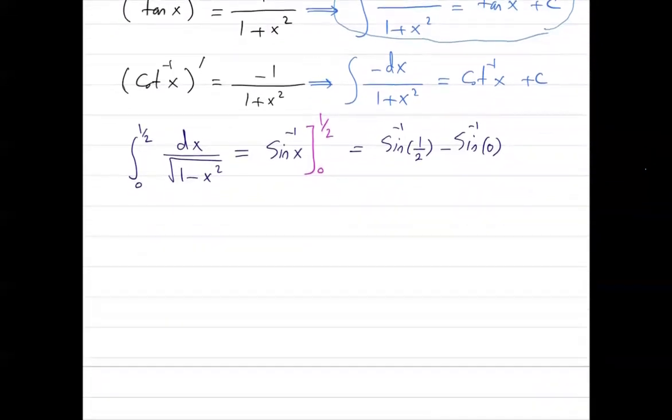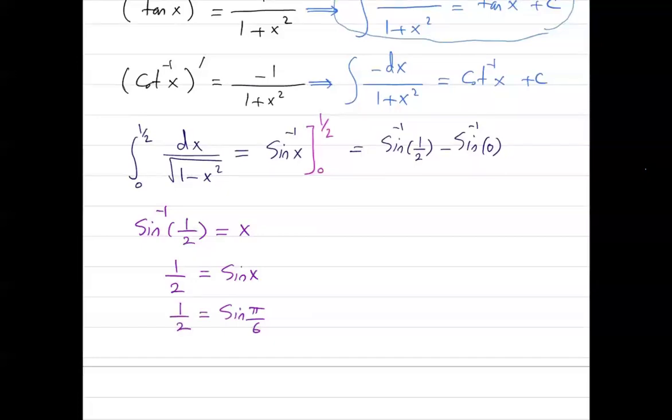So basically, when you try to find the inverse sine of a half, you are finding the angle whose sine is equal to a half. From the unit circle, remember that sine of π/6 is a half.